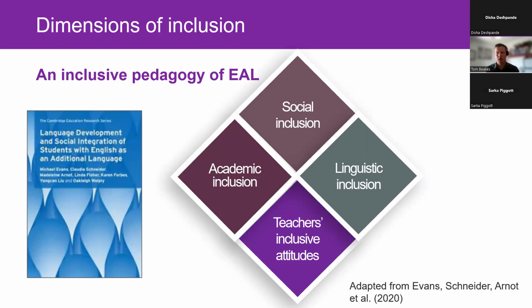By attitudinal, I'm talking about the inclusive attitudes of teachers towards plurilingual learners. Each dimension impacts on the others, but it's teachers' inclusive attitudes that really support and underpin the other 3 dimensions, which is why it appears at the bottom. I'm going to talk about each dimension now in turn, and we'll look at what each dimension involves.